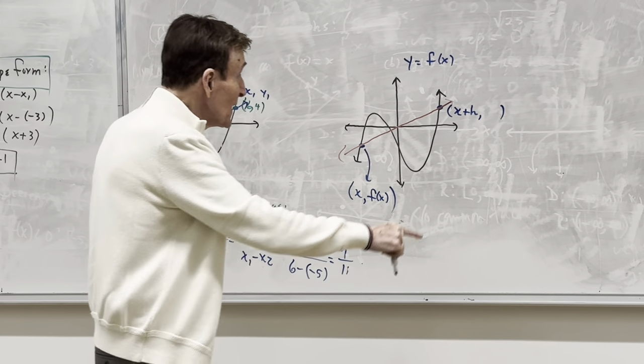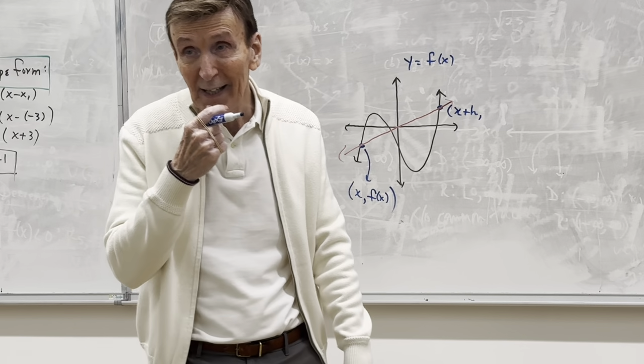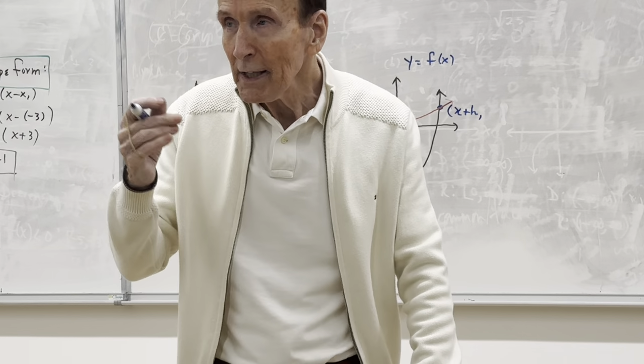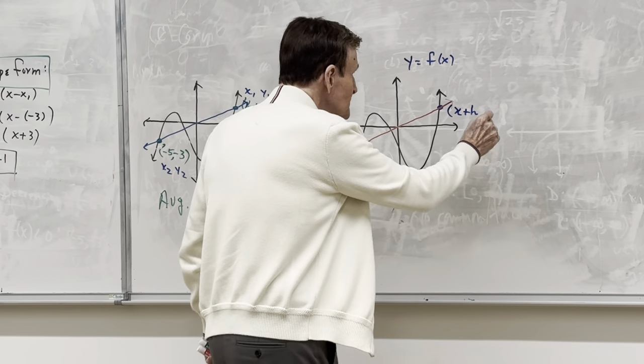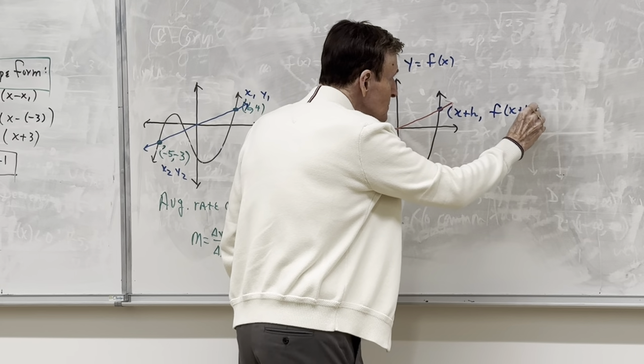Now, can someone be really clever and tell me what the second coordinate would look like? F of x plus h.